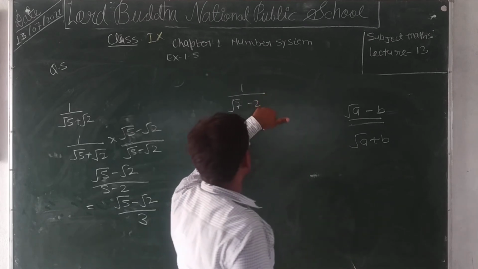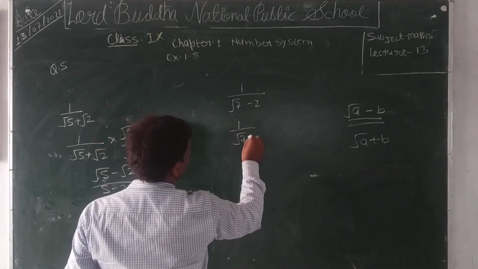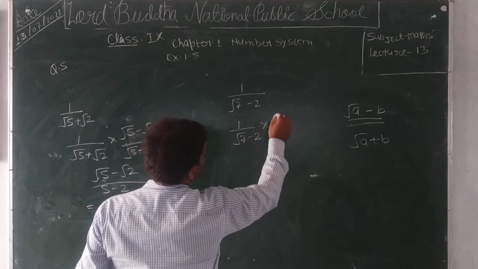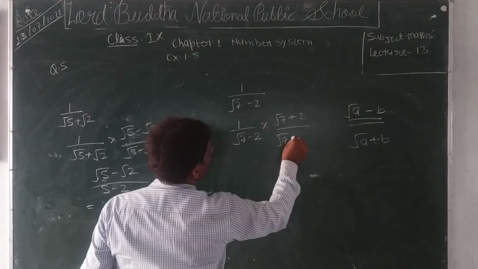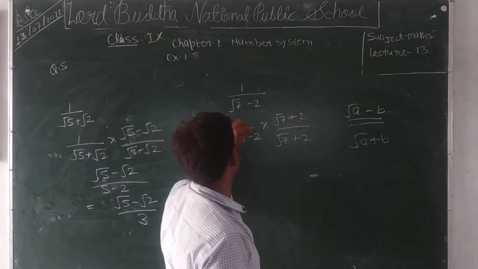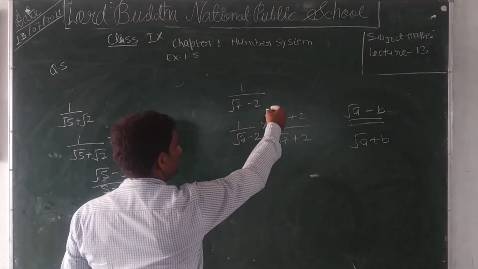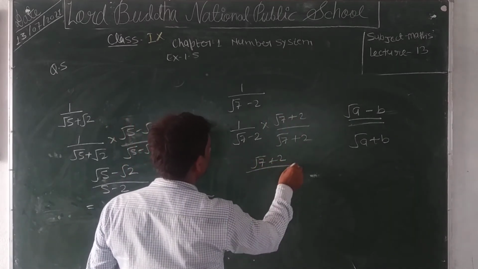Hence we multiply both numerator and denominator. So 1 upon root 7 minus 2 into root 7 plus 2 upon root 7 plus 2. When we multiply this by 1, then it will remain the same. Means root 7 plus 2 upon.